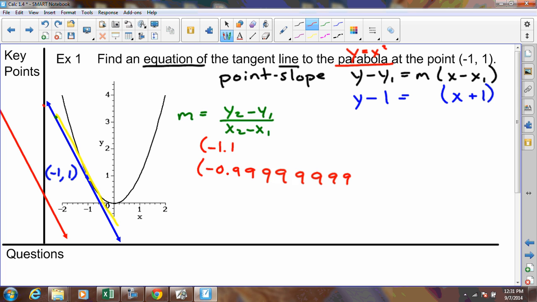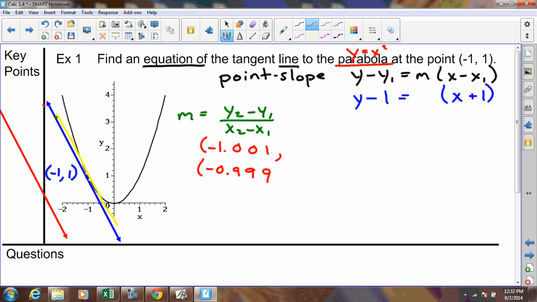But frankly, using that many 9s just gets more and more tedious. It's pretty easy just to do 3, and we'll do all the number crunching with the calculator. Same piece here: instead of 1.1, we can use 1.001. And these are points that are very, very close.